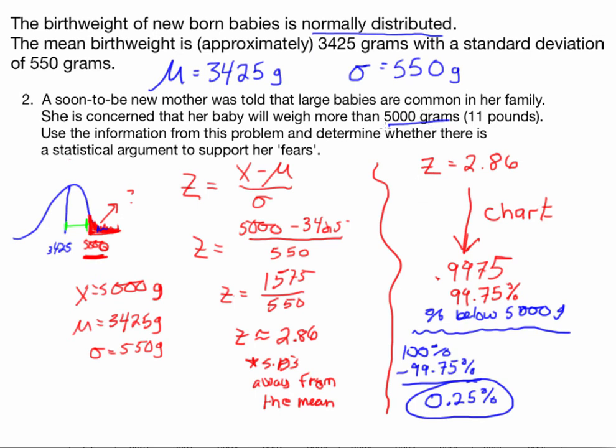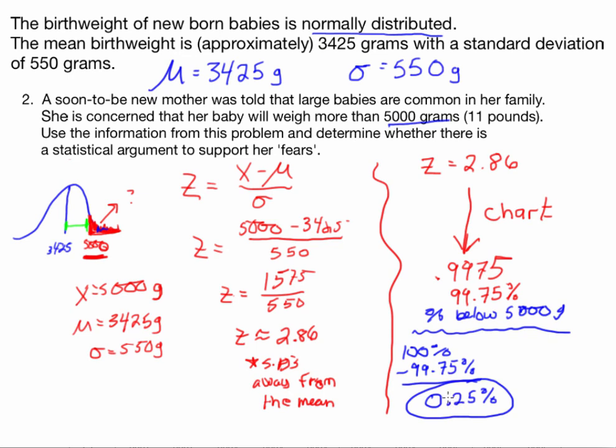So to answer this question, in terms of what we would tell this soon-to-be mother, we would say that the percent chance of having a child weighing 5,000 grams or more is so small, 0.25%. Although it's possible, the chances of that occurring are very small.